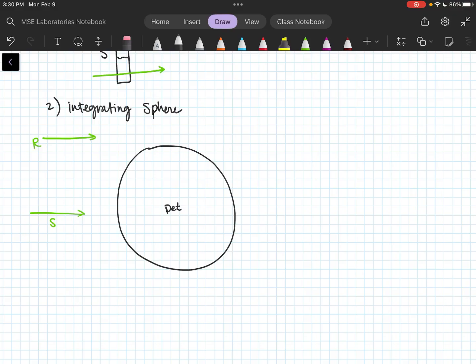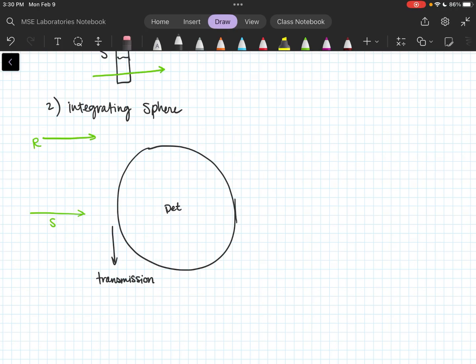So if I stick my sample here, then I'm measuring the light passing through my sample, and I'm getting transmission data. See, I've got my transmission there.